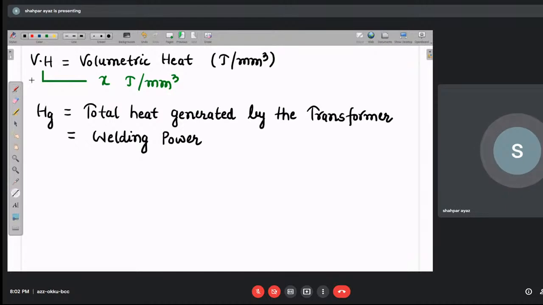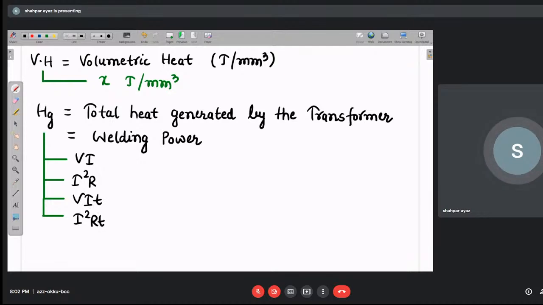This Hg you can calculate using the formula either V into I, or if resistance is given, I square R, and if time is also given, then you can use VIT and I square RT.